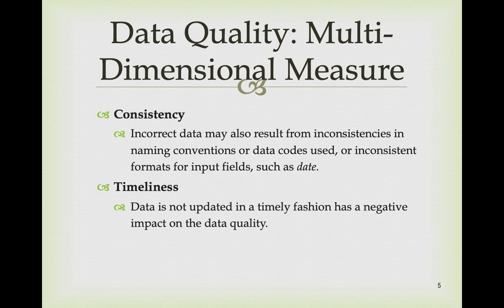For example, in the data, for ID 1, the date is 1 January 2020, but for ID 2, the date is 1/1/2020. So it is inconsistent. Timeliness: if the data is not updated in a timely fashion, it has a negative impact on the data quality.